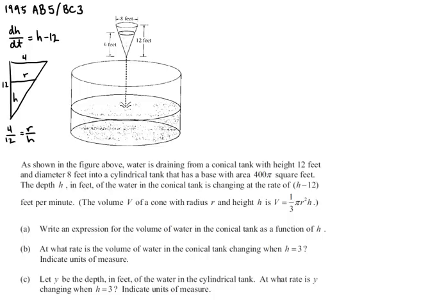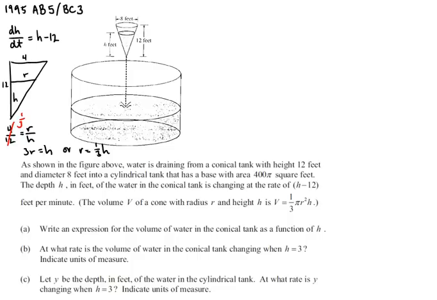We want to solve for r in terms of h so that we can write an expression for the volume of water in the tank as a function of h. So we can simplify the 4 over 12 to 1/3, and so we get that h is equal to 3r. But that's not what we're looking for. We want to solve for r in terms of h. r is 1/3 h. And now we're ready to begin.